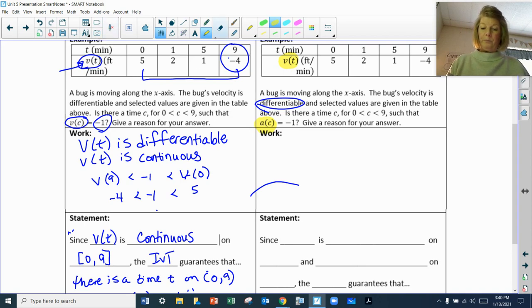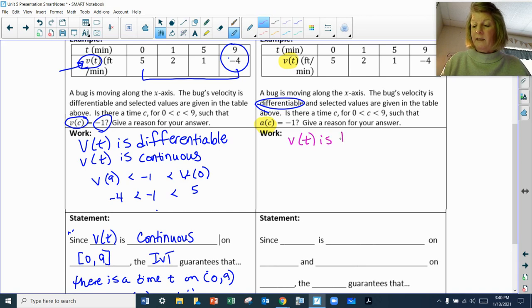So what does it take for MVT? We got to show our work, and that work is going to be the fact that we start out with v of t is differentiable because it was given, and v of t is continuous because differentiability implies continuity.